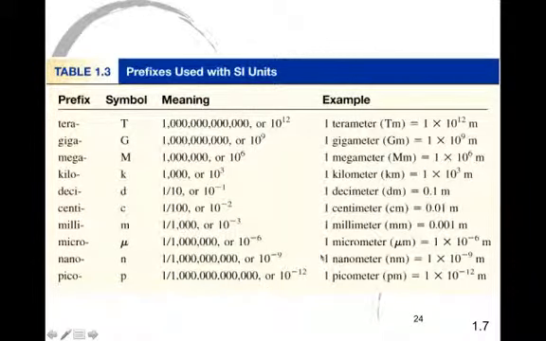And the prefixes with the SI units are here. We need to be able to change from kilo to milli by ourselves and anything in between. They don't list them all here.